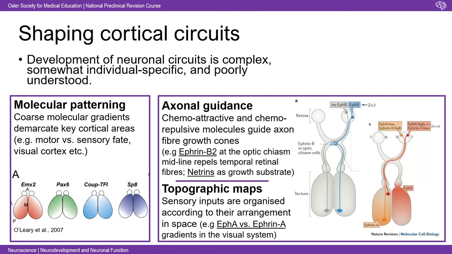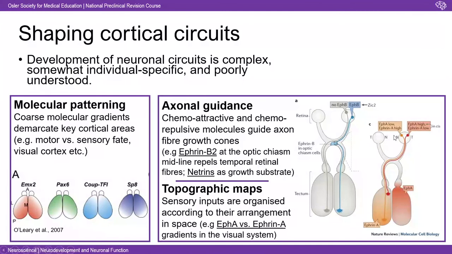You get some more complex systems contributing to the establishment of neural circuits, and those lectures that you had on the development of the retinal and optic tracts will be really interesting for you to go and look over after this. Just to flag briefly what I mean, you get two systems going on here. You get this ephrin-B system, where neurons expressing EphB are repelled at the optic chiasm by ephrin-B, which causes them not to cross the midline and to project to the superior colliculus on the ipsilateral side.